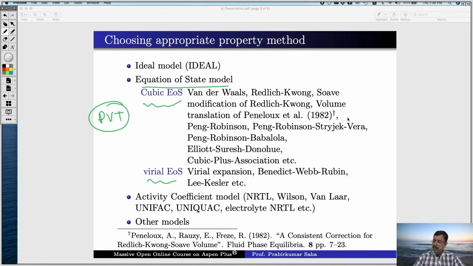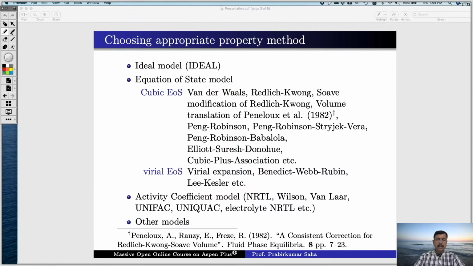A few popular cubic EOS models are Van der Waals, Redlich-Kwong, Peng-Robinson, and their extensions. You have cubic plus association also. Among virial equations of state, you have virial expansion, Benedict-Webb-Rubin, Lee-Kessler, etc. And usually when you have pressure less than 10 bar, you can use an equation of state model.